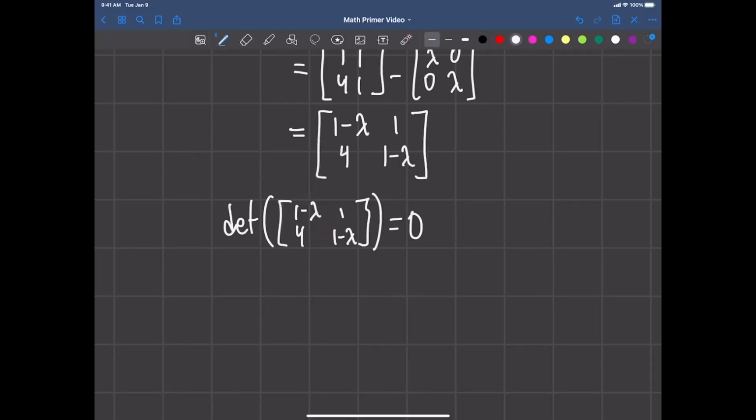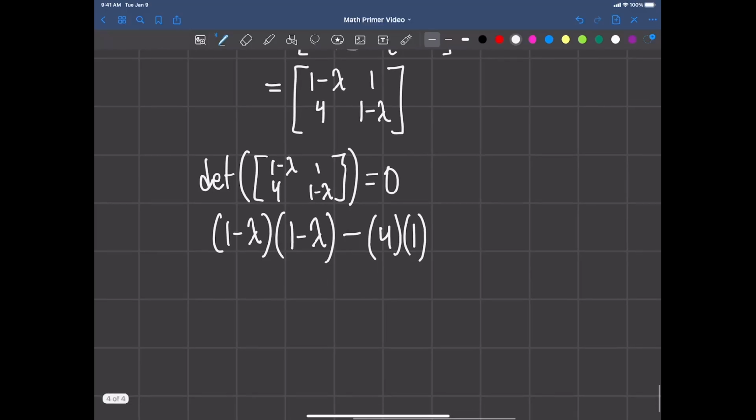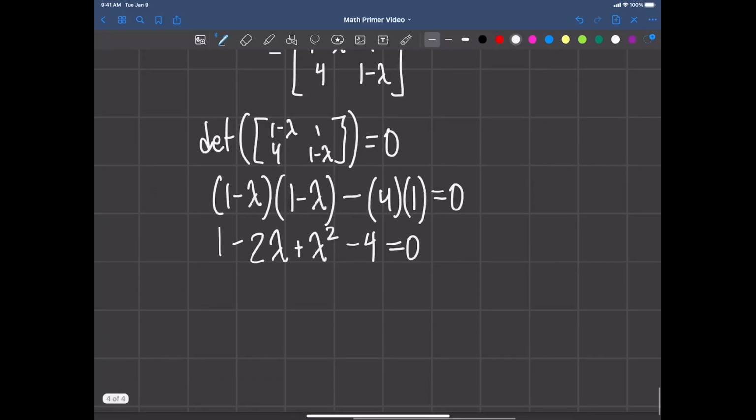So let's go ahead and do that. 1 minus lambda multiplied by 1 minus lambda minus 4 times 1 equals 0. If we expand this out, what we get is 1 minus 2 times lambda plus lambda squared minus 4 equals 0. Hopefully you know and understand how we got to this. We just expand this out.